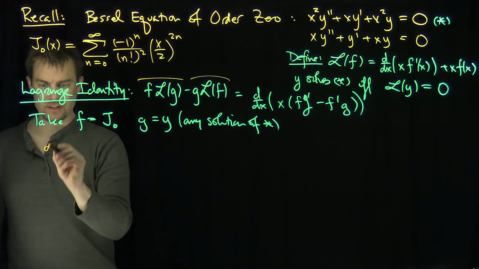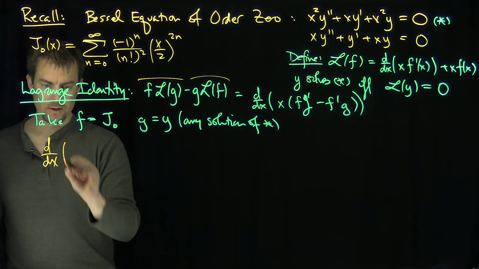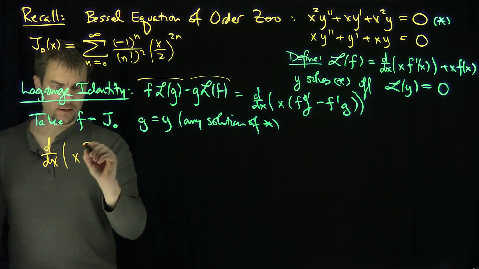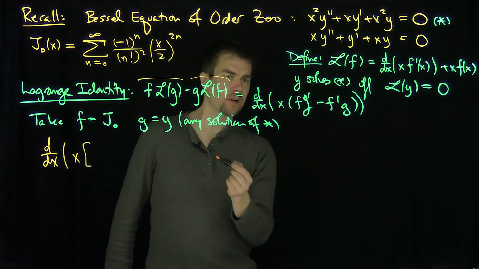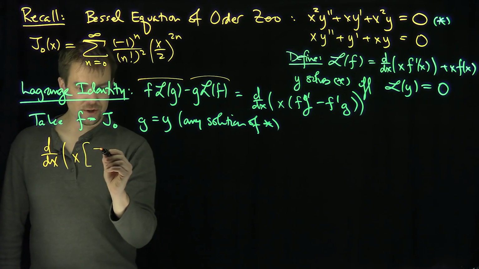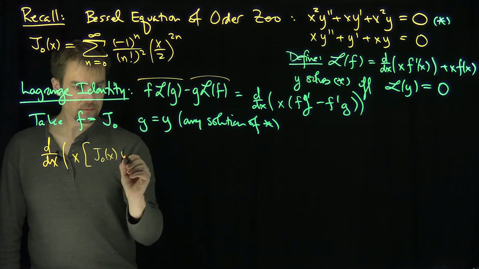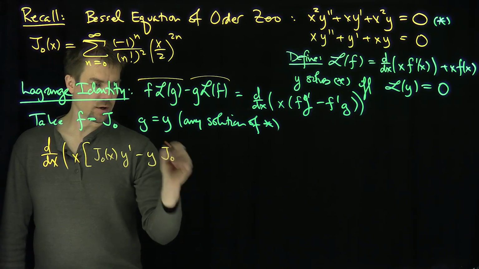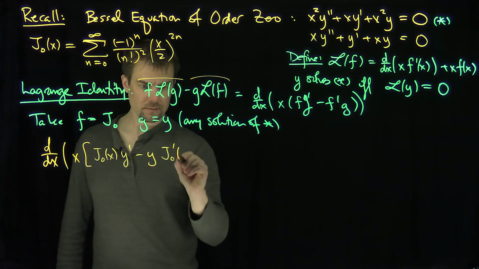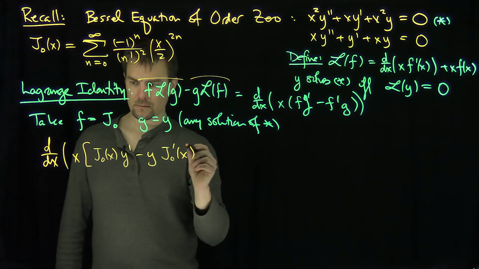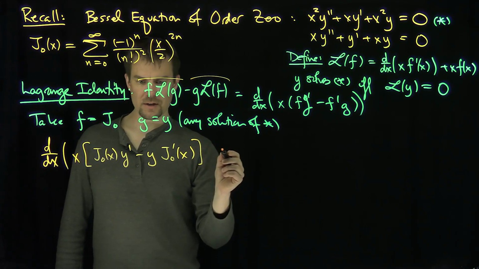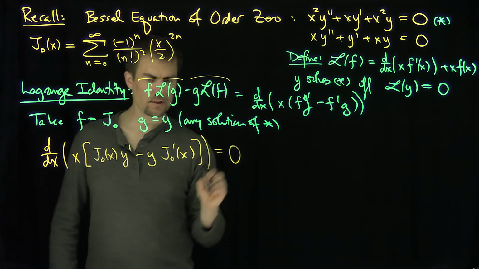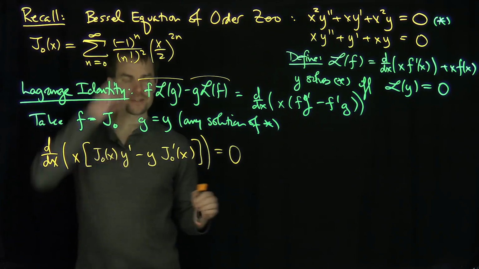So what we have is d by dx of x times the quantity J0 of x y prime minus y J0 prime of x is equal to 0.